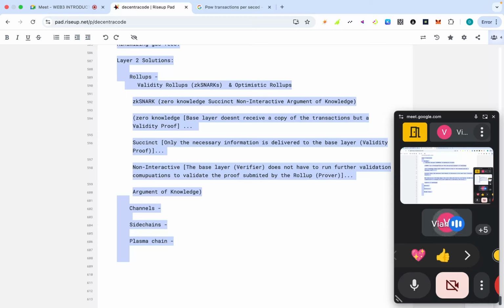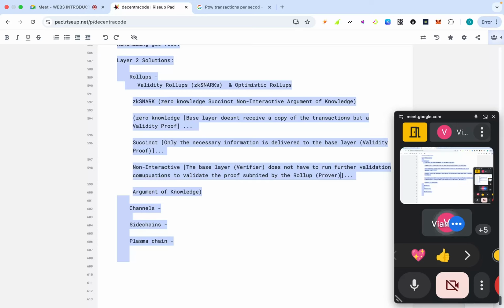So the base layer is a verifier, and in the case of ZK Snack, when that proof is delivered, the verifier, or the base layer in this case, does not have to run further computations to prove if the validity proof is actually also authentic.